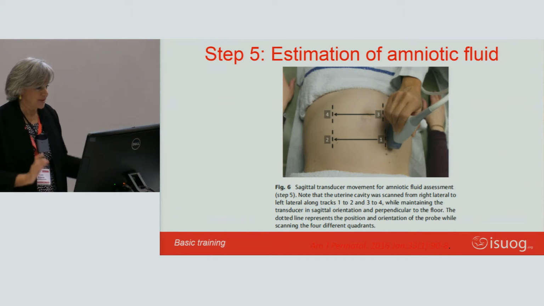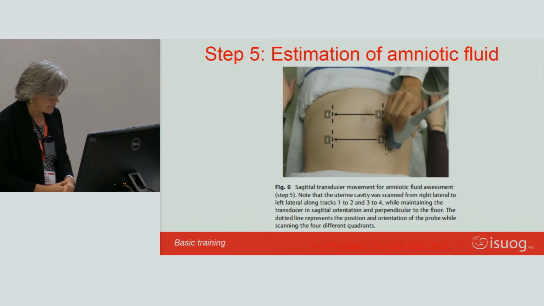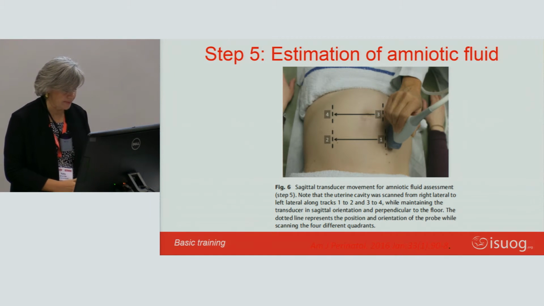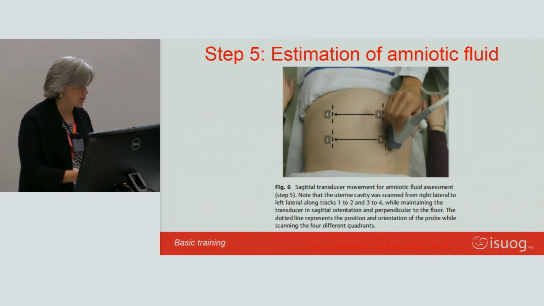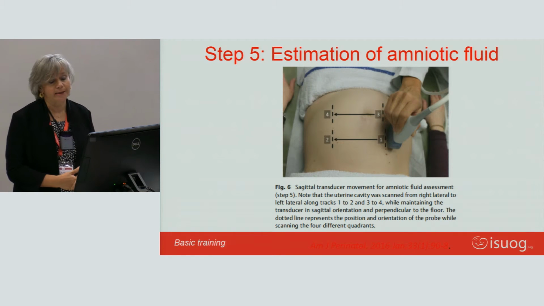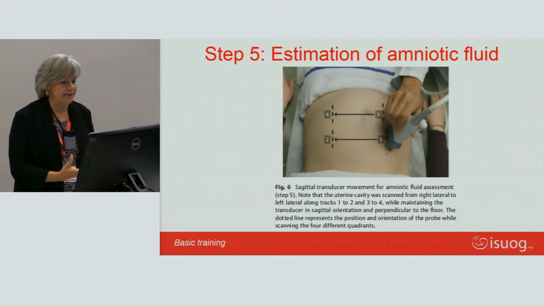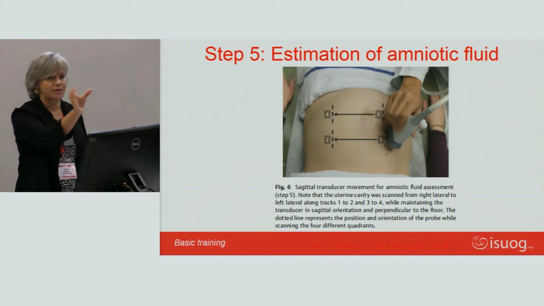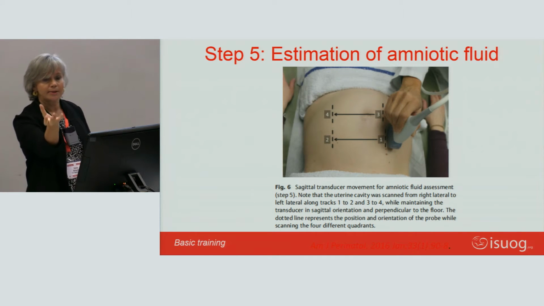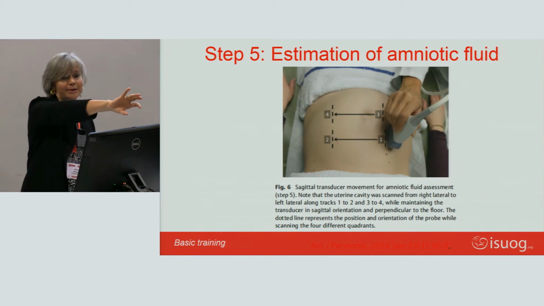I remember at the beginning of my career, a much more senior colleague of mine told me, look, this is a twin pregnancy. And I said, are you sure? Yes. And he was using the curvilinear probe. Look, there is a head there, and there is a head there.